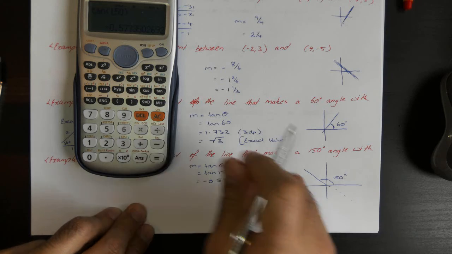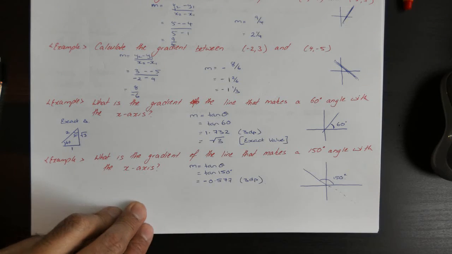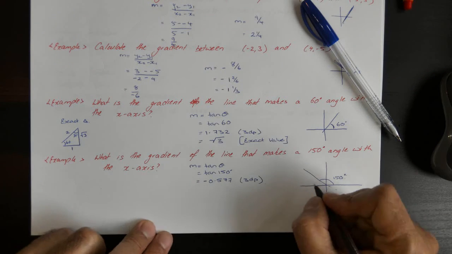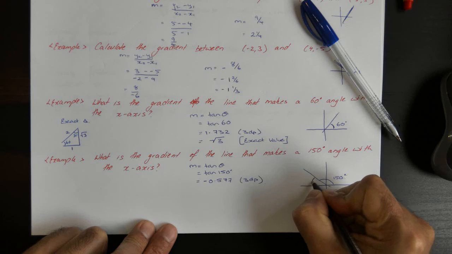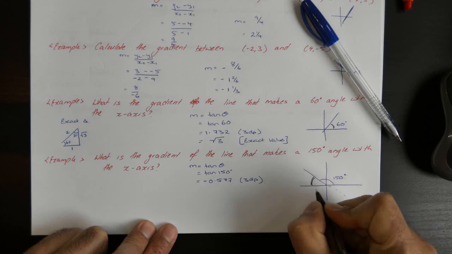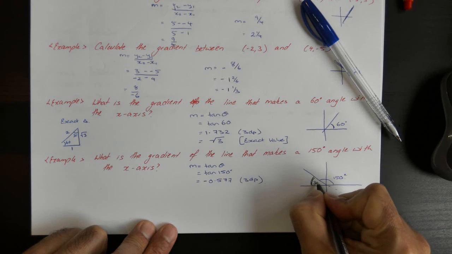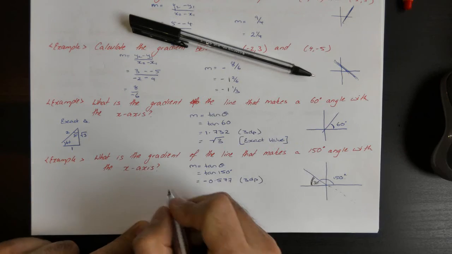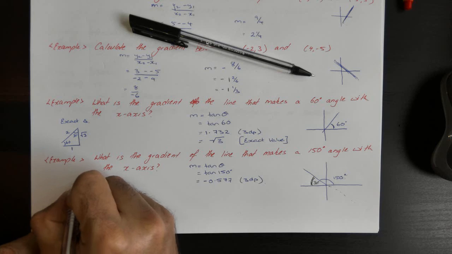So we have a negative gradient. If I want it as an exact value, what I'm really looking for is this angle in this quadrant, which is technically 30 degrees because the whole thing makes 180.